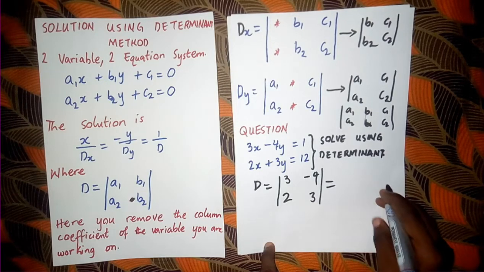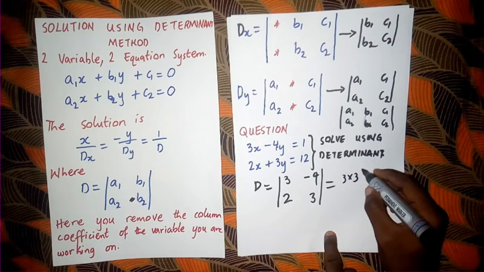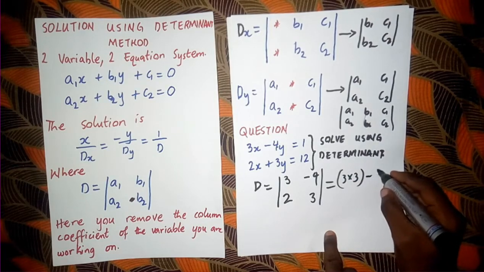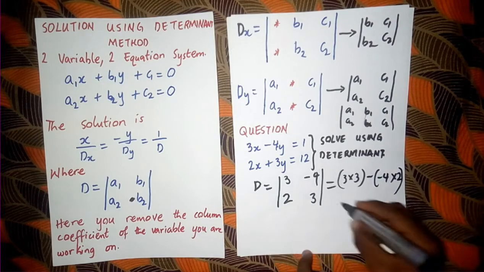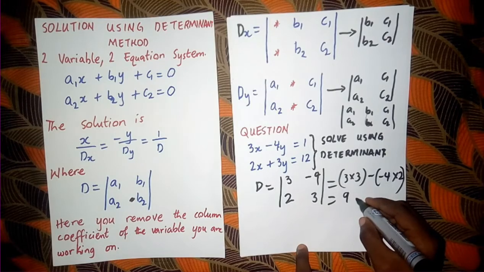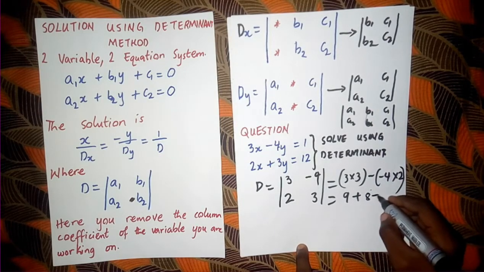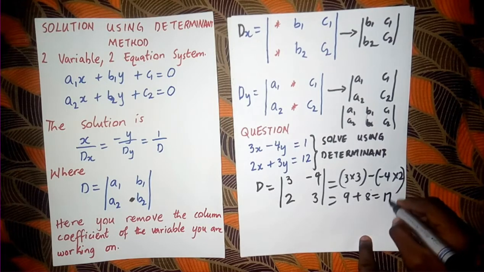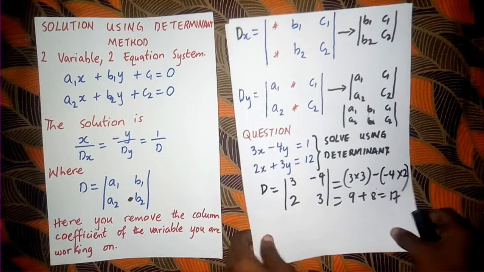So this will give us 3 times 3 minus minus 4 times 2. So I know my determinant. This will be 9 plus 8, so this will give us 17. Now having solved that, let's go to the next one.